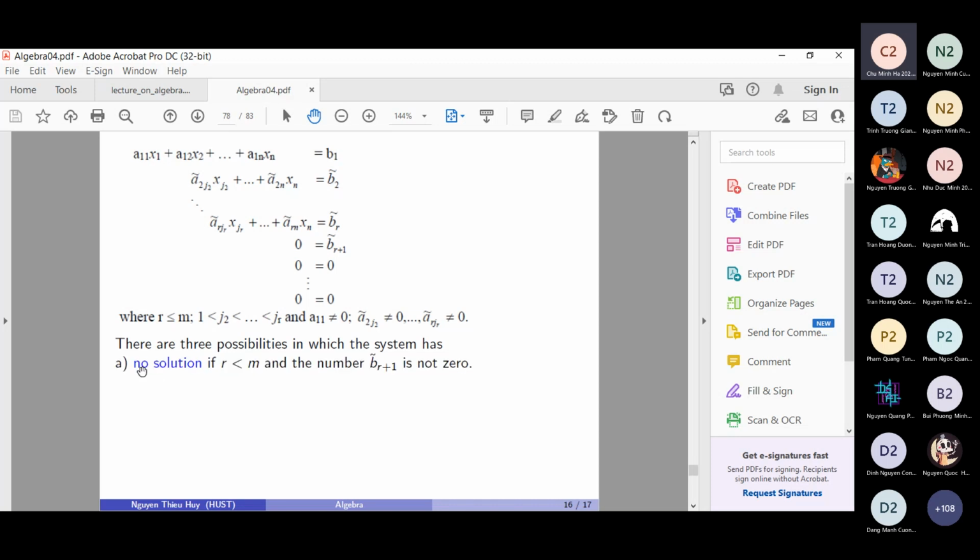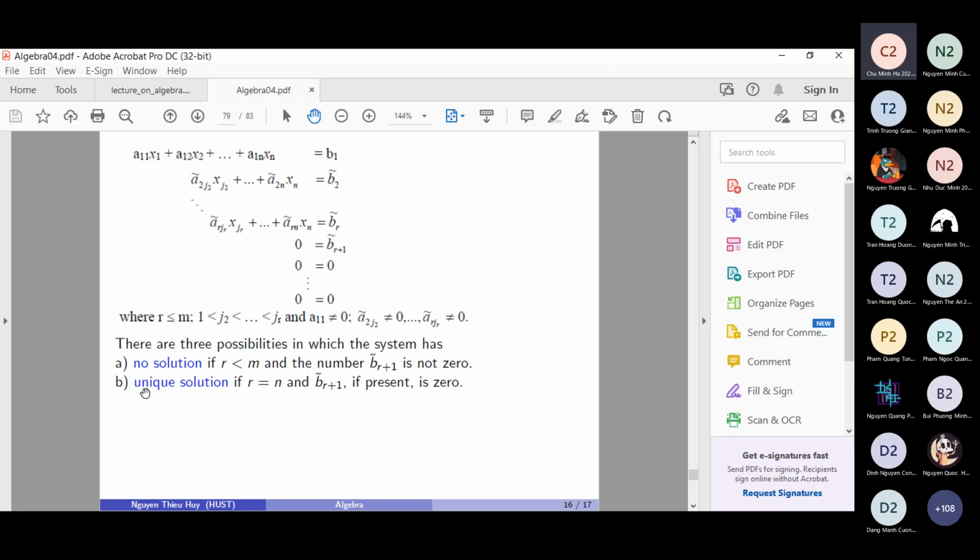The first is no solution: if r is less than m and b tilde r plus 1 is not zero, we obtain a contradiction, as in the last example that I gave you. The contradiction means there is no solution.